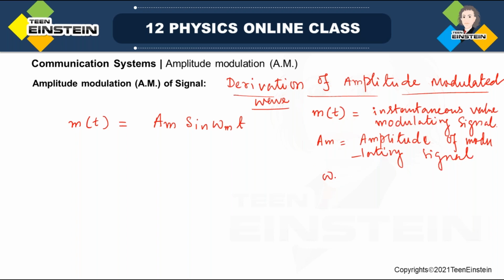And similarly, this omega m is actually 2 pi fm, or I can write fm is equal to omega m by 2 pi, which is the frequency of the modulating signal.